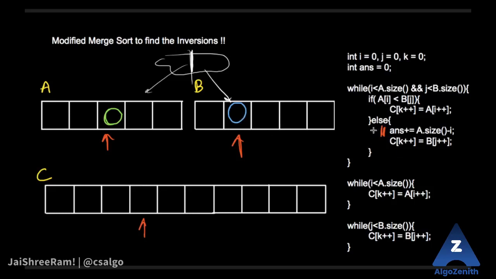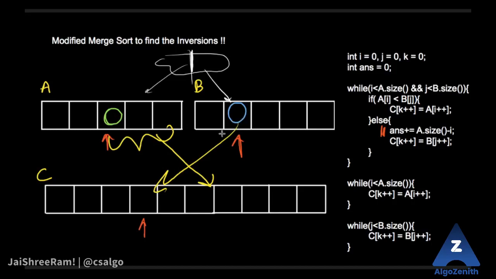So what happens when B of j is smaller? We can for sure say that B of j will go to this. Now all these elements will come after this in the sorted array. So in the sorted array, this comes before all these elements, but in the original array, this is after all these elements.